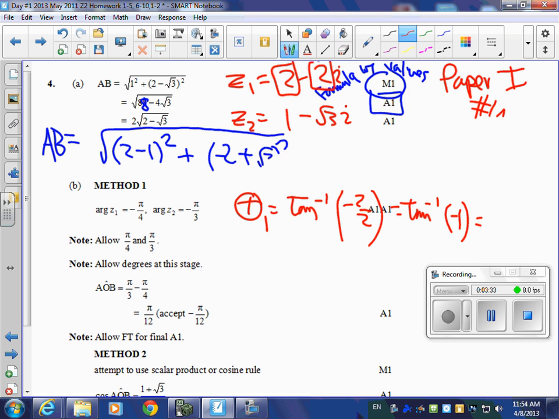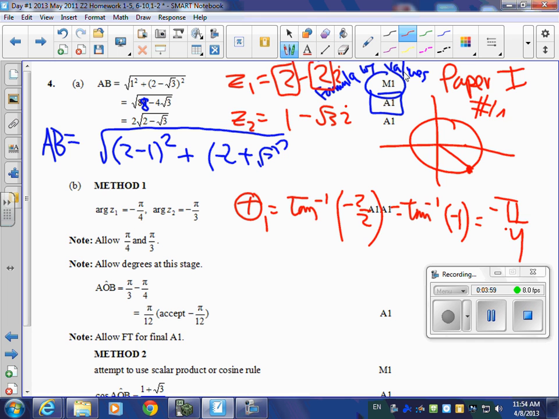You know that one? Negative pi over 4. Yes, 0 is the score I'll give you, but no. With this one, think of it this way. You're going over 2, down 2. That's just going to be in quadrant 4, right? And that is negative pi over 4.